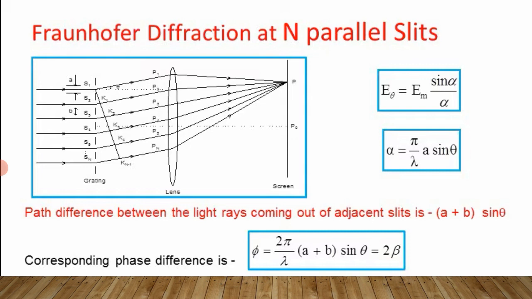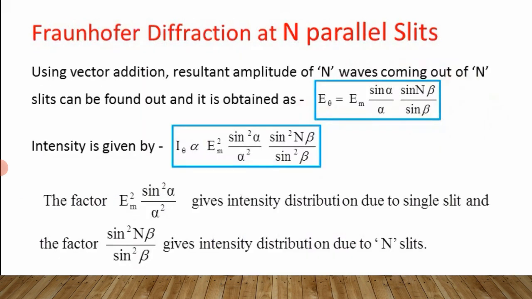The corresponding phase difference is 2 pi upon lambda (a plus b) sin theta, which is equal to 2 beta. Using vector addition, the resultant amplitude of n waves coming out of n slits can be found, and it is obtained as E theta is equal to Em sin alpha upon alpha times sin n beta upon sin beta.